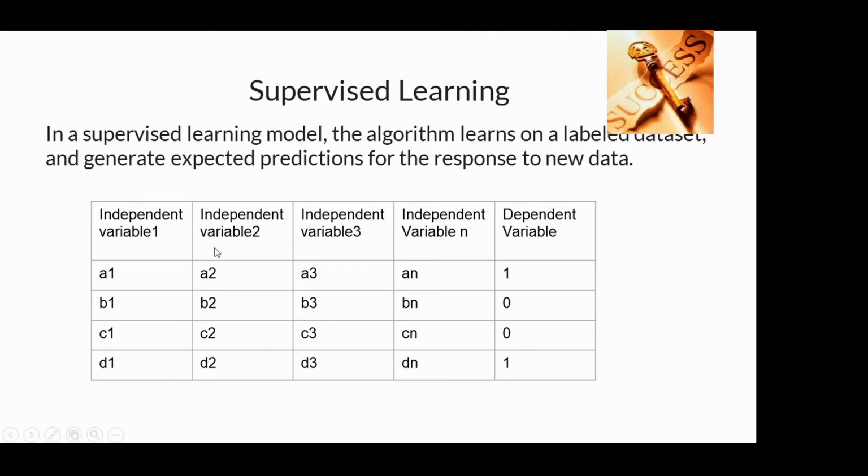These variables are known as independent variables, and we have to set the labels. These labels are known as the dependent variable. For the first record, a1, a2, a3, an, this is n-dimensional data.